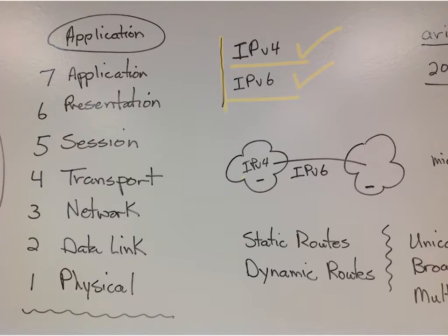A couple different ways you can handle this. If you have two IP4 networks, you need to send them across an IP6, you can tunnel them through an IP6. You can change from IP4 to IP6 and then change back, or there is a way to dual stack.